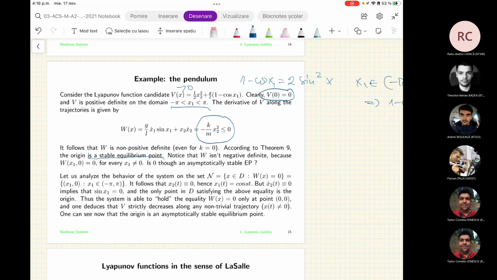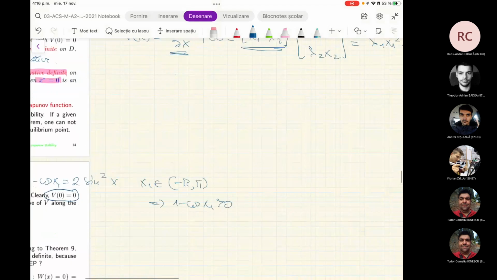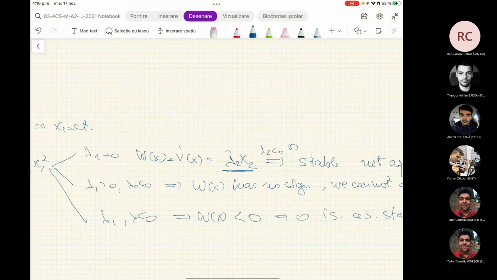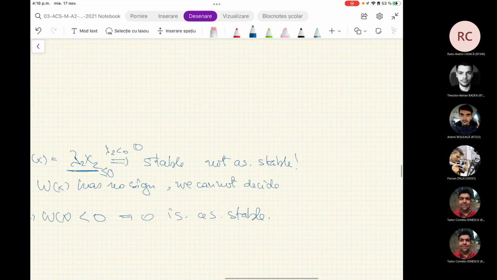But we know from chapter 3 that the origin is asymptotically stable. So what do we do? The analysis was wrong here because indeed this is not negative. This is semi-negative definite. And actually here we should have a question mark because we don't know.